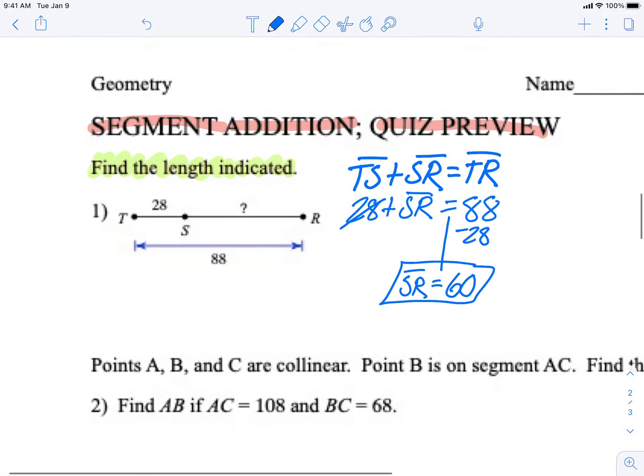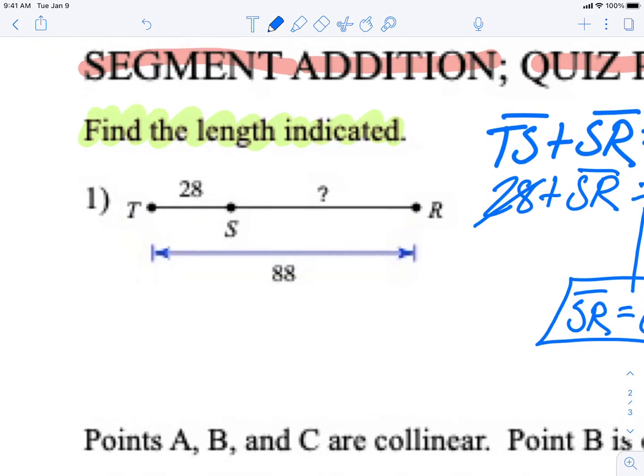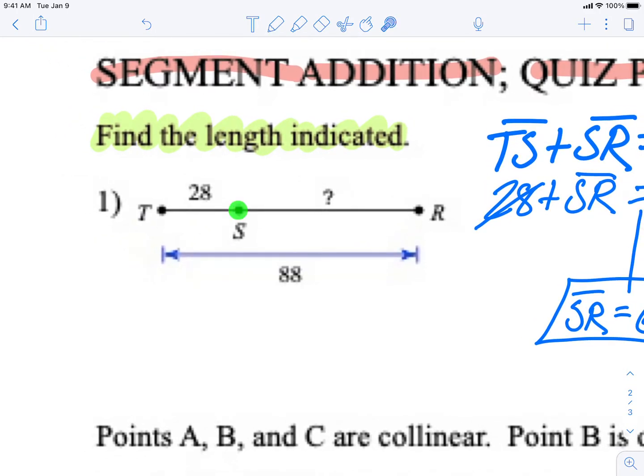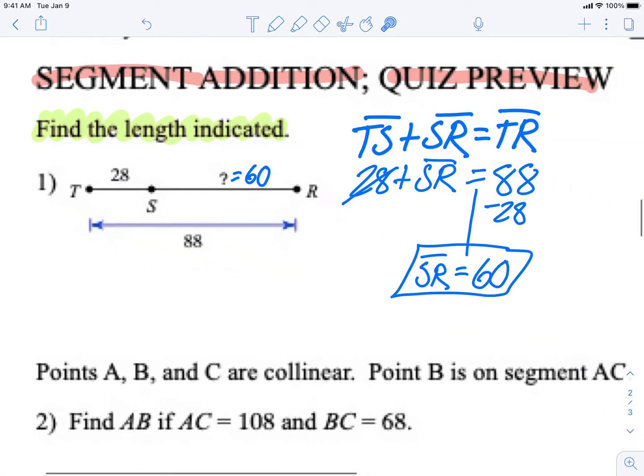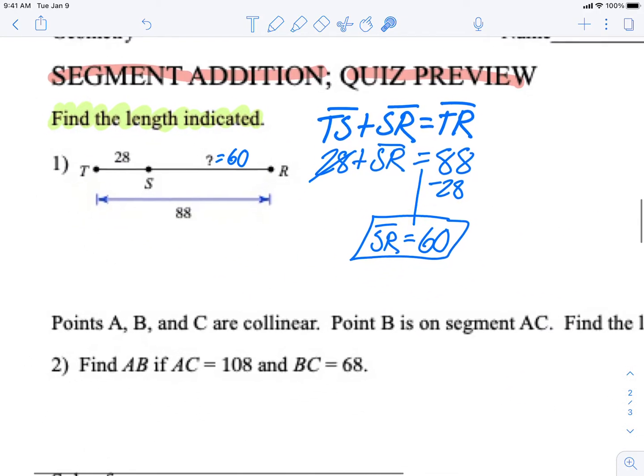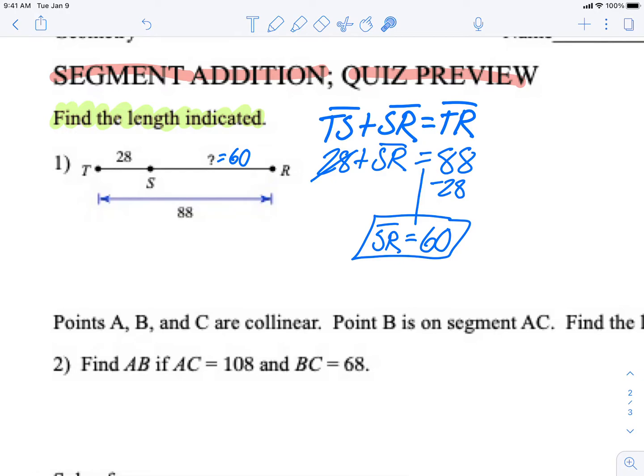So that means SR, from S to R, is equal to 60. 28 plus 60 is 88. Perfect. Makes perfect sense, right? Make sure you've copied that down. You're going to have a question like this on the quiz, okay?